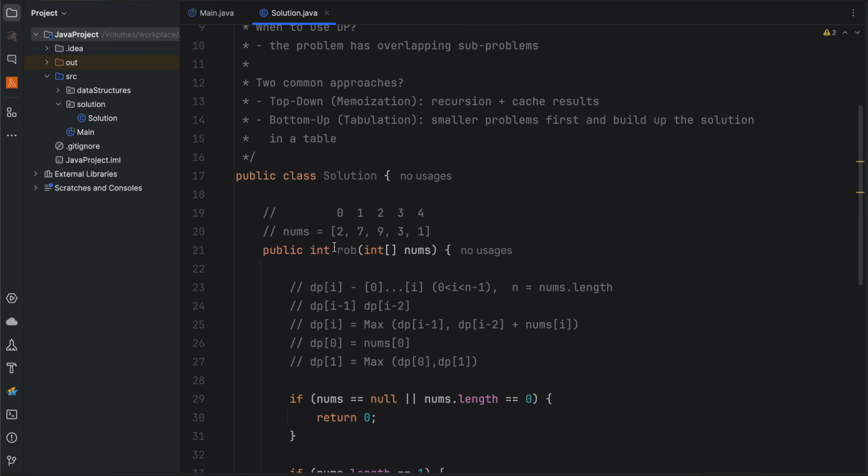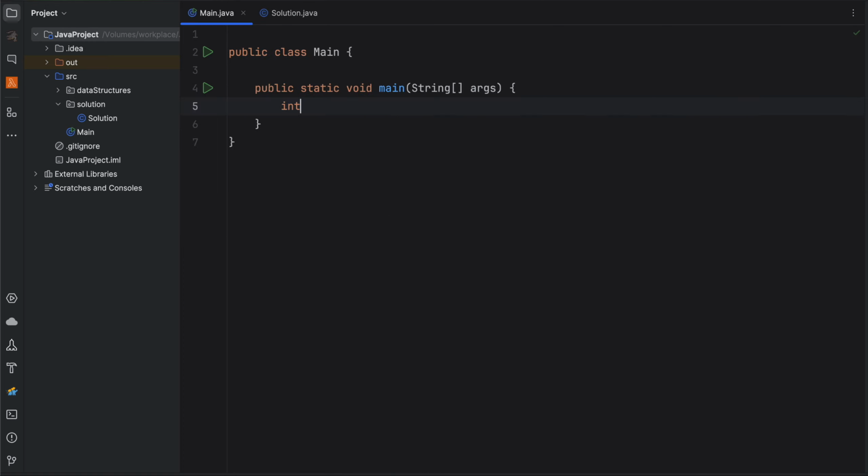So let's use these values. So int nums is equal to a new int array of these values.